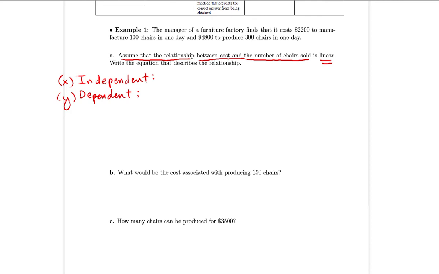So clearly here, how much it costs is going to depend upon how many chairs are produced. So that tells us definitely that the number of chairs should be our independent variable, or our x, and then our y, or our function output, would be the cost.